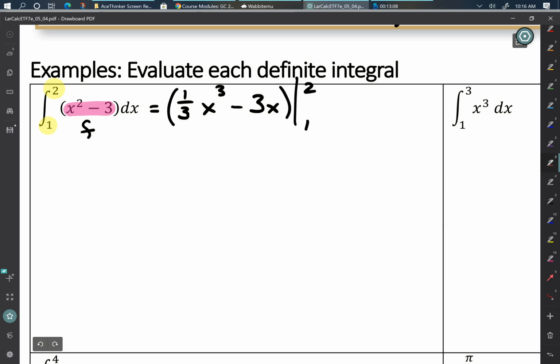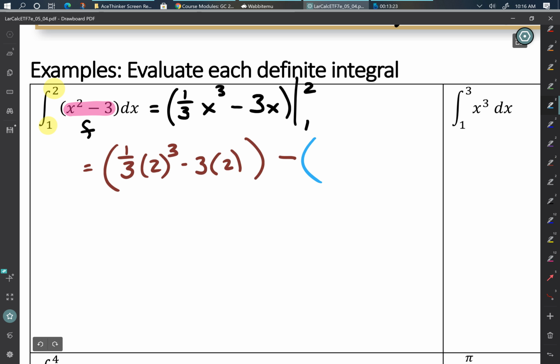Okay, so now I'll evaluate it at 2. That's going to be 1/3 times 2 cubed minus 3 times 2, minus, I'll evaluate it at 1, 1/3 times 1 cubed minus 3 times 1.